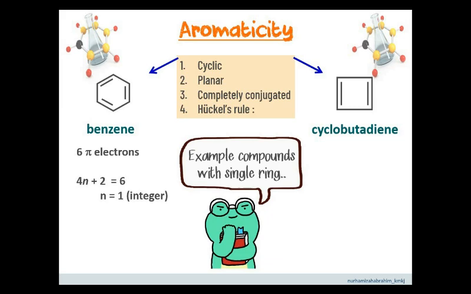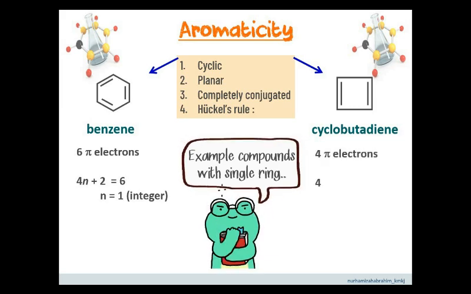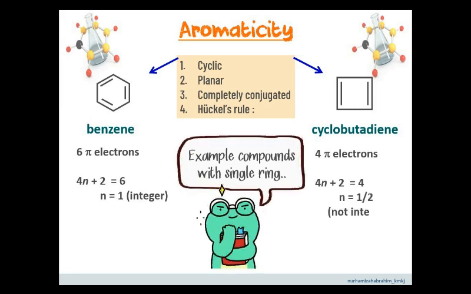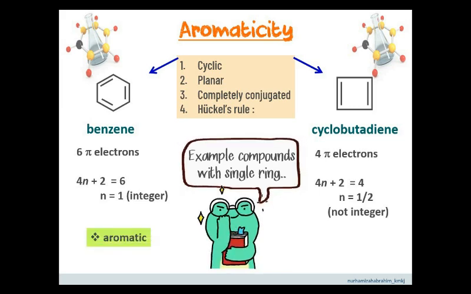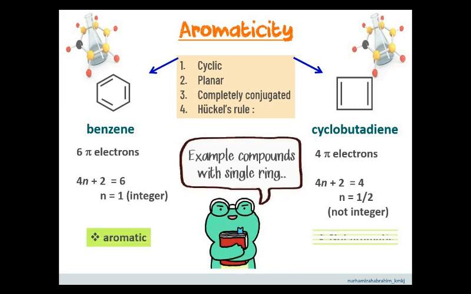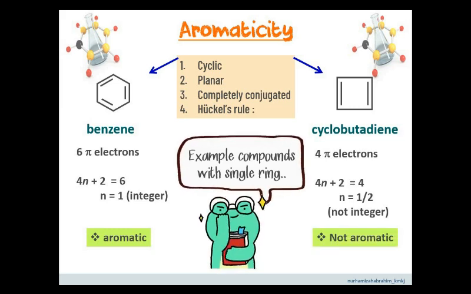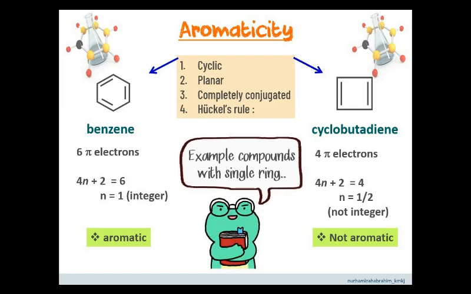While for cyclobutadiene, the total pi electrons are 4, so the value of n is equal to 1 over 2, not an integer. Therefore, benzene is an aromatic compound, while cyclobutadiene is not an aromatic compound, as it does not satisfy Kekule's rule.